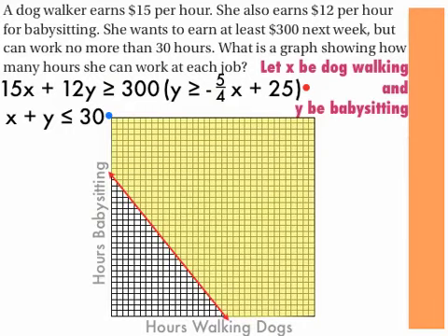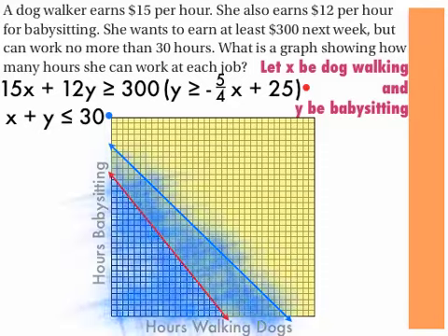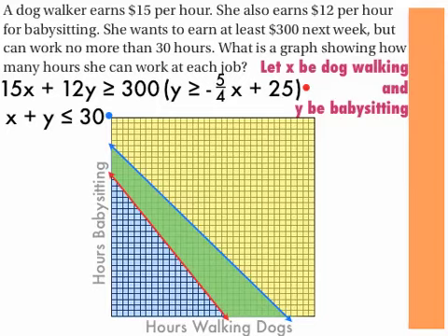To graph this next linear inequality, I would need to subtract x from both sides, so I would have y is less than or equal to negative x plus 30. And I would need to shade below that line because y has to be less than. So this strip right here would be the solution to this system of linear inequalities.